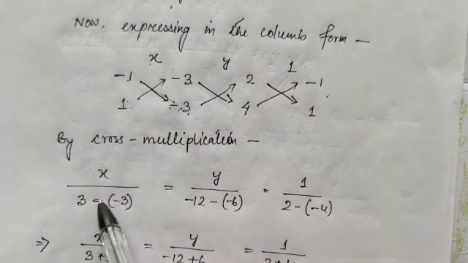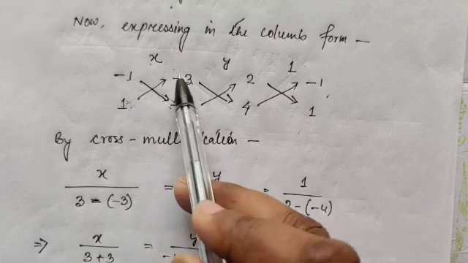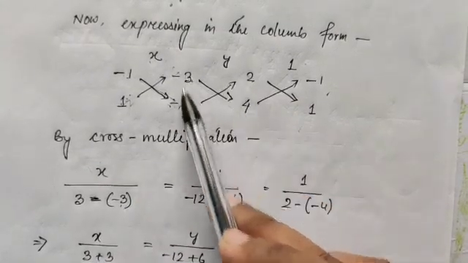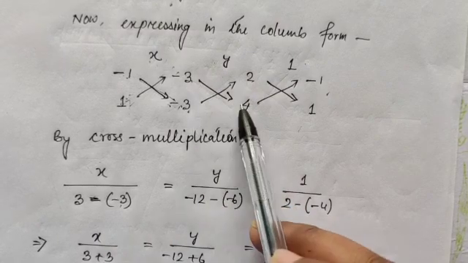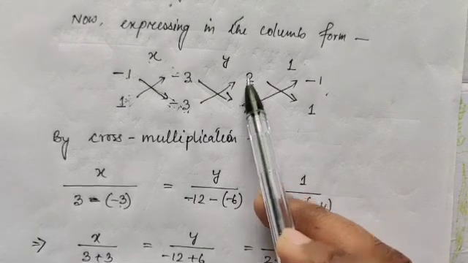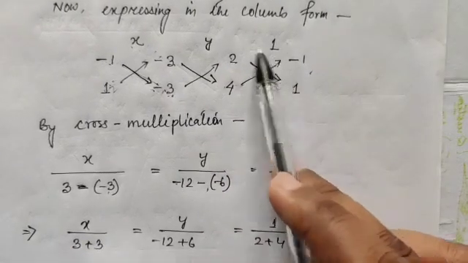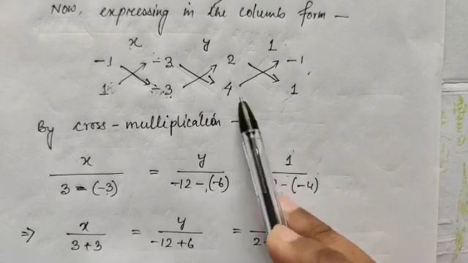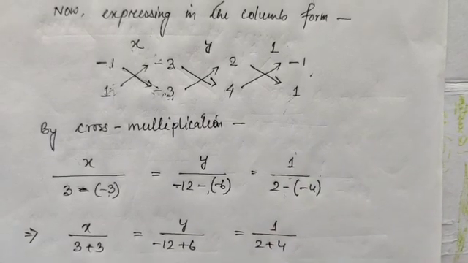As I said, here will always be minus, and the product of these two, 1 into -3, that is -3. And y will be divided by this cross multiplied part, -3 into 4 is -12, and there is always minus, so -3 into 6, 2, -6. And 1 will be divided by this cross multiplied part, 2 into 1 is 2, -4 into -1 is -4.